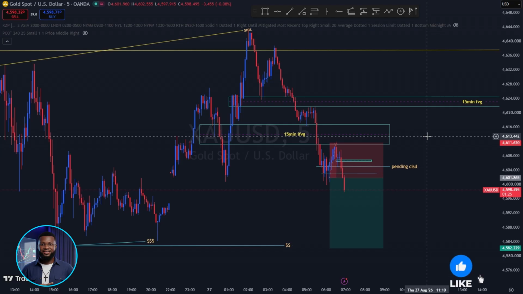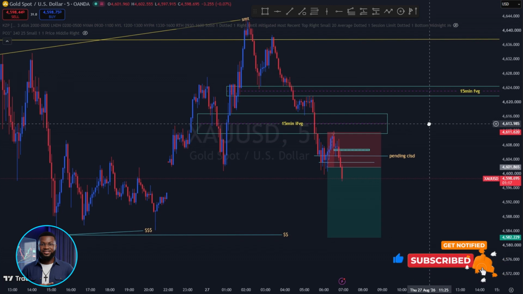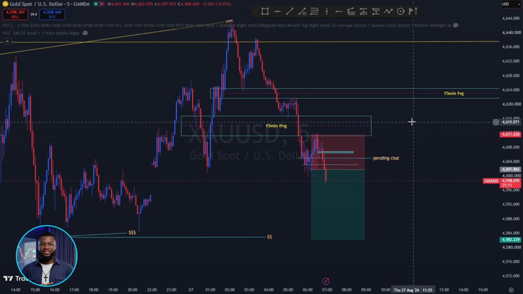One thing I'm thankful for is the mentors that I've come across. Shout outs to the T trader. Shout outs to ICT Michael. Thank you so much for opening our eyes to a lot of things. Shout outs to the GXT trader as well, quite an amazing person. So these are my mentors.